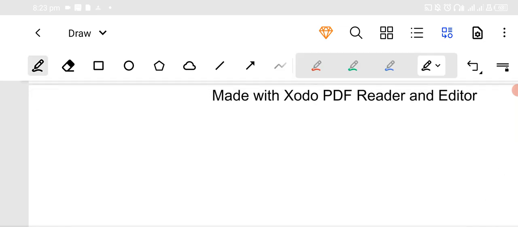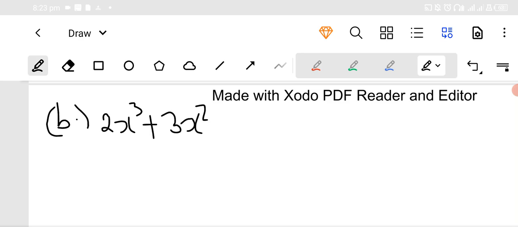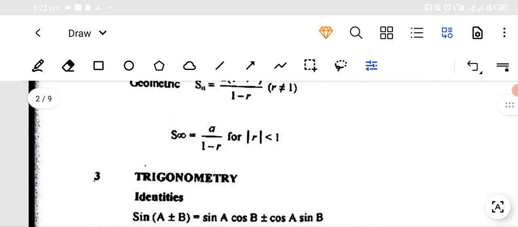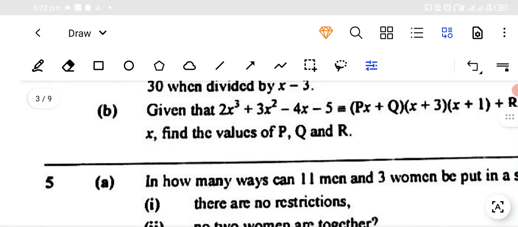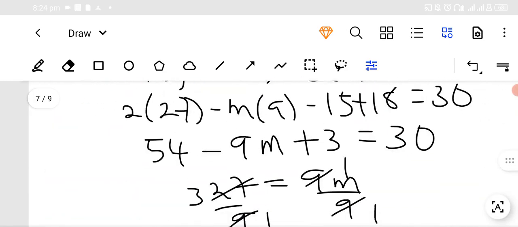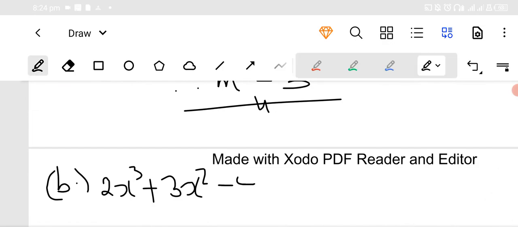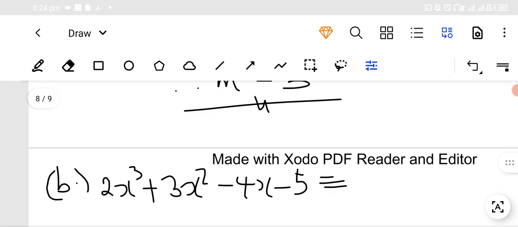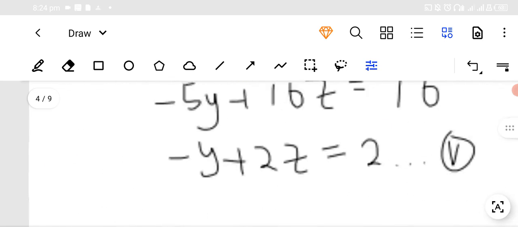So we have 2x cubed plus 3x squared, and then minus 4x minus 5 is equivalent to what?